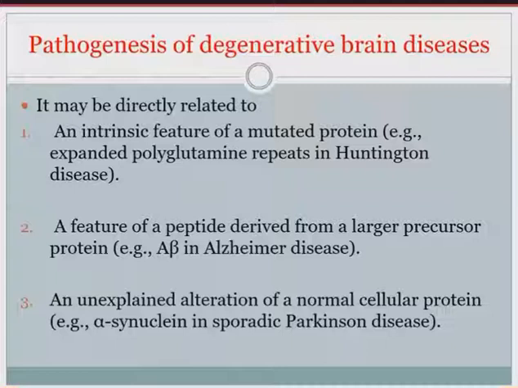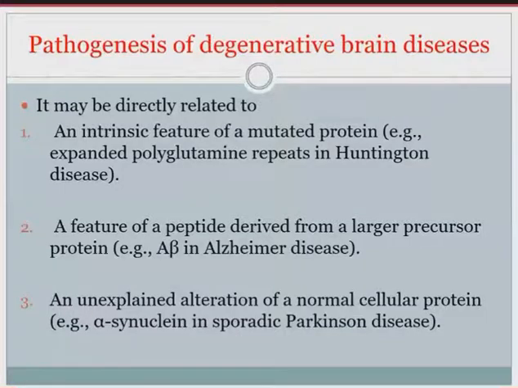Similarly, the other disease we are studying today is Alzheimer's disease, where there is a peptide derived from a larger precursor protein, beta amyloid, that is aggregated. Similarly, in Parkinson disease, which we'll talk about in our next lecture, there is an unexplained alteration of a normal cellular protein: the presence of alpha synuclein in sporadic Parkinson disease.